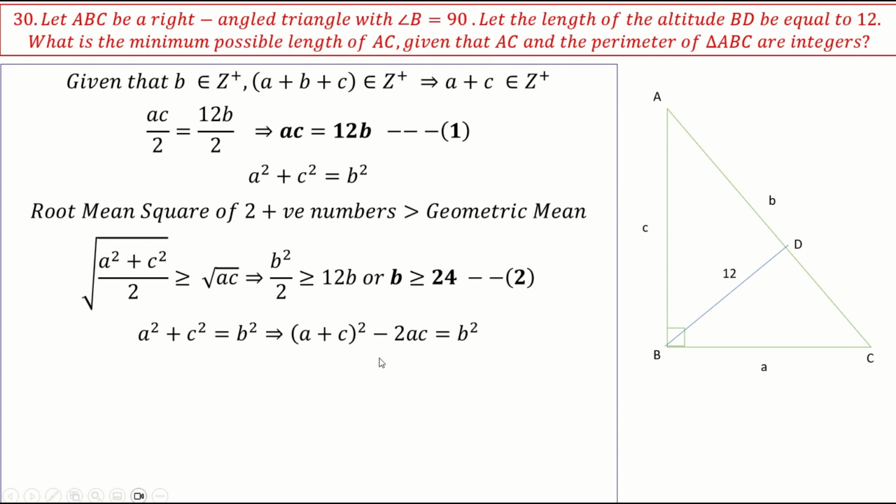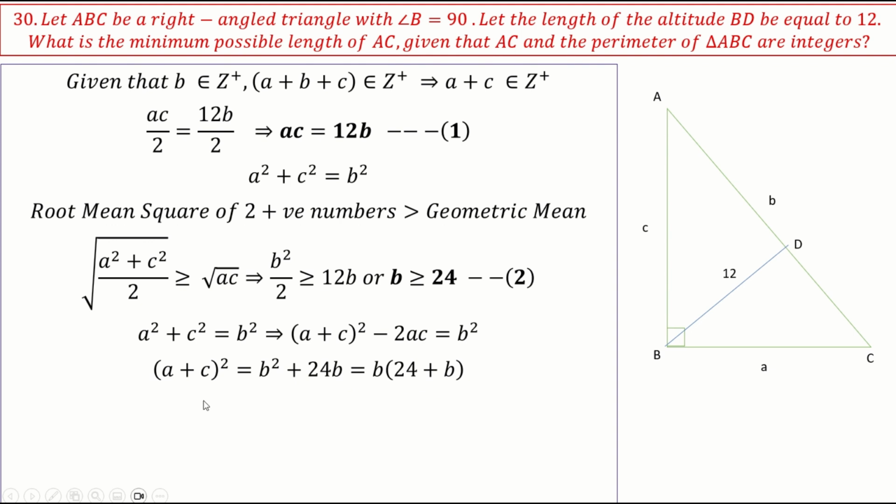From the Pythagoras theorem, I will rewrite it as A plus C whole square minus 2AC equals B square. AC is equal to 12B, so it becomes A plus C whole square equals B square plus 24B, which I will rewrite as B into 24 plus B. And we know that A plus C is an integer, and this is an integer whole square.